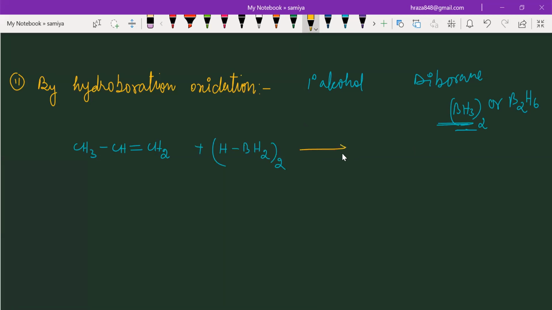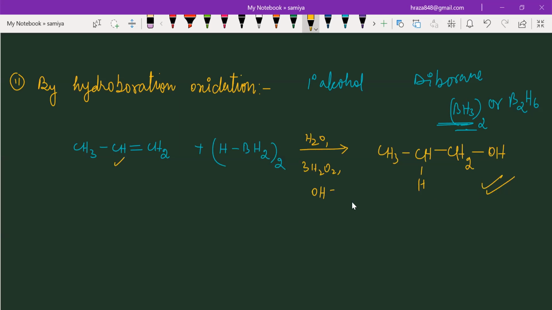Whenever you are given like this, in the second step there will be H2O in the presence of hydrogen peroxide and base OH minus. You just have to do one thing. Just add hydrogen here, anti-Markovnikov, and add OH here. So this is primary alcohol. Yes or no?